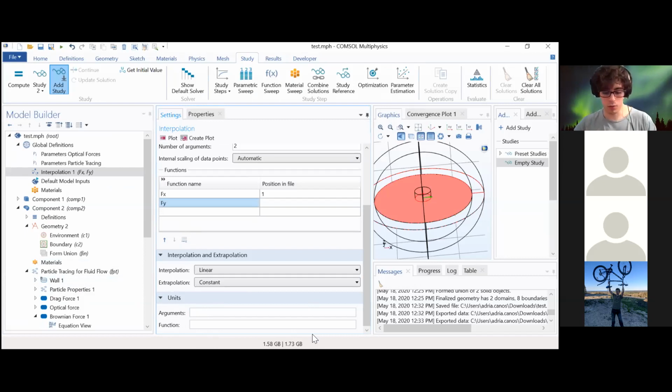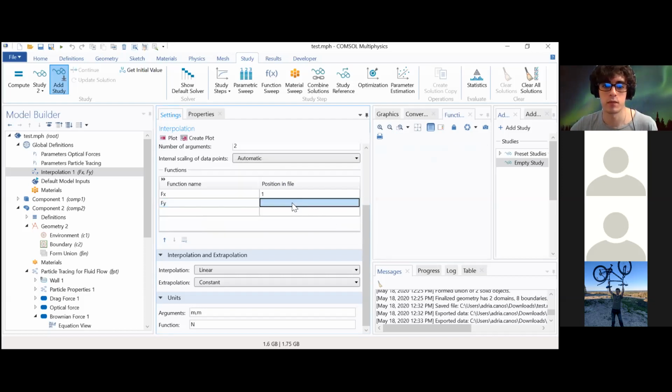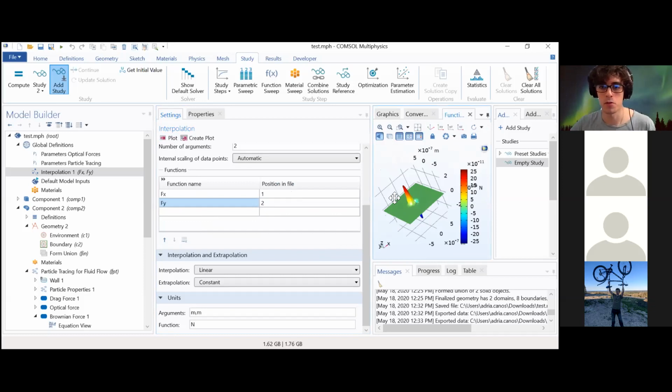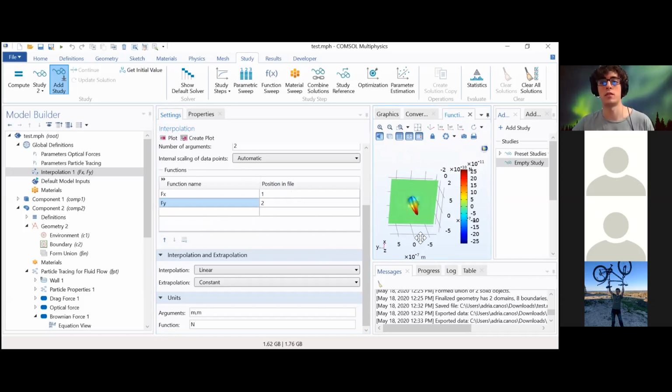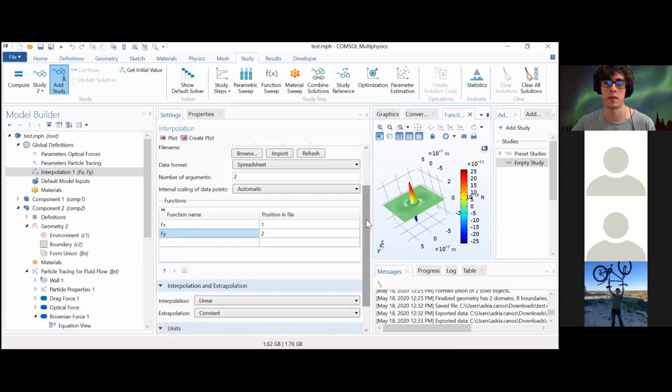And as arguments, the units are meters, and the function has units of newtons because it's a force. Remember that we have fx in the first position, fy in the second position in the file. So we obtain now the force distribution interpolated at any point that we wish in the 2D domain.